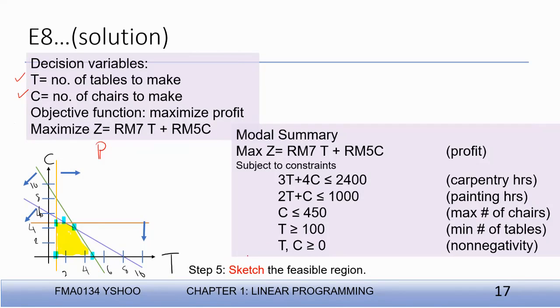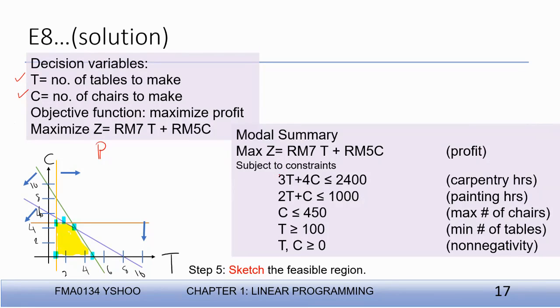Then now we sketch. Let's say I have an x-axis and a y-axis, and I roughly sketch the scale as 2, 4, 6, 8. Even if you want to use a ruler to divide them into equal parts, it doesn't matter. This is more or less like what you did last time.